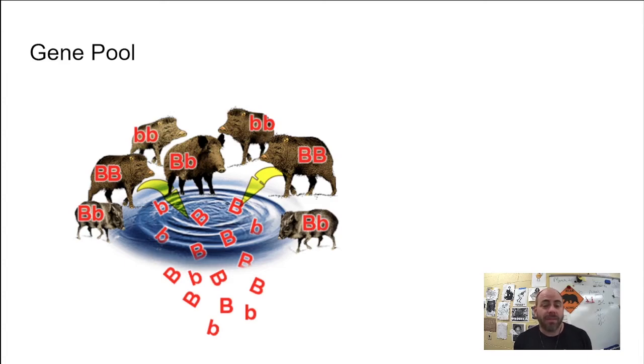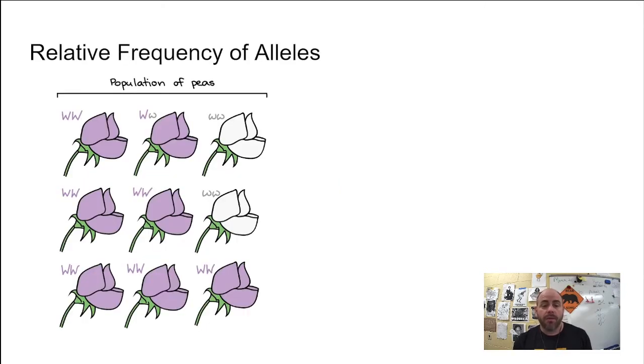What happens if that gene pool changes over time? Well, that's called evolution. And so we're going to add a little bit to our definition of evolution. We actually hinted at this in a previous video, that evolution is not merely the change in a population over time, but it's the change in allele frequencies over time, or the frequency of alleles.